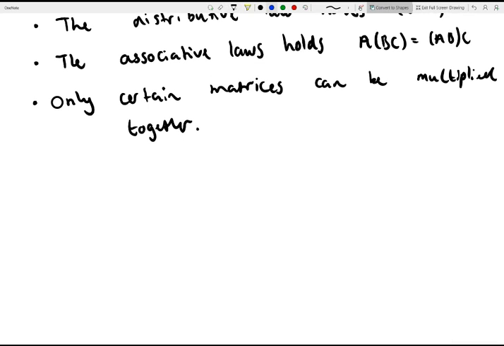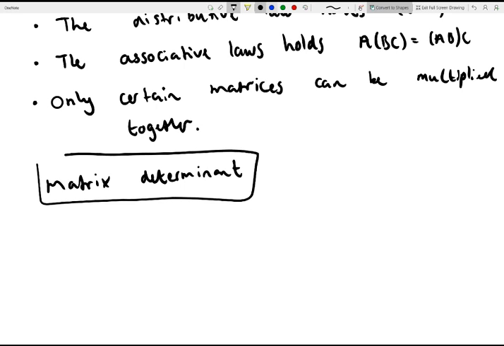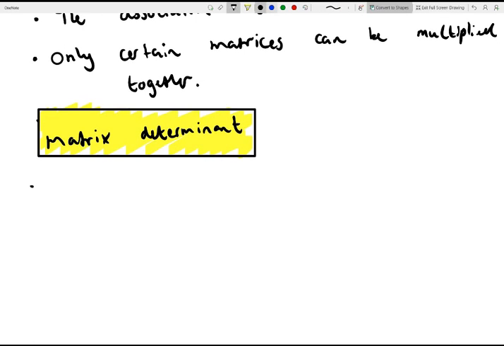Okay, so moving on, let's talk about matrix determinant. So what is the matrix determinant?